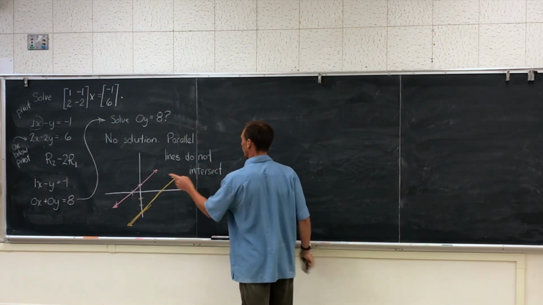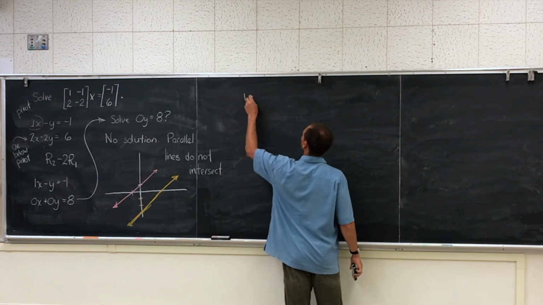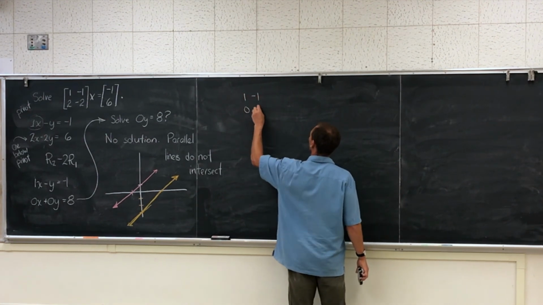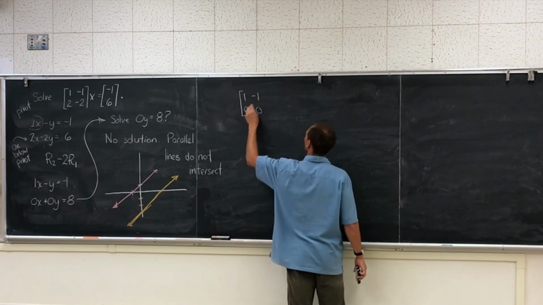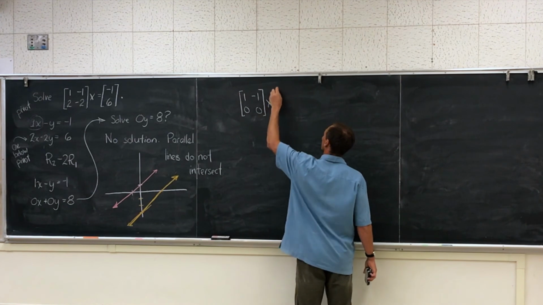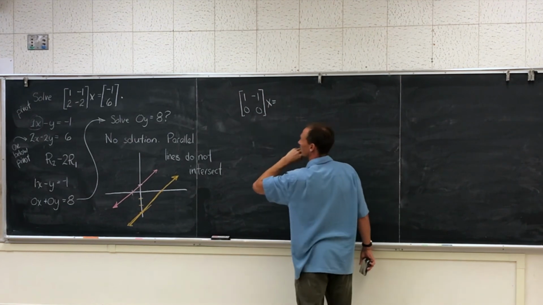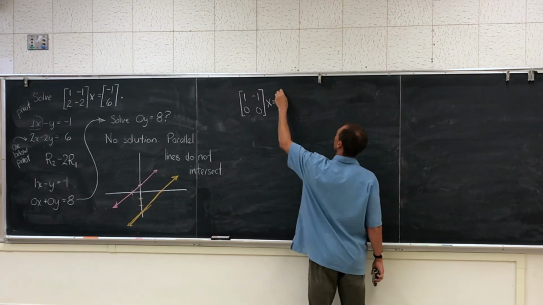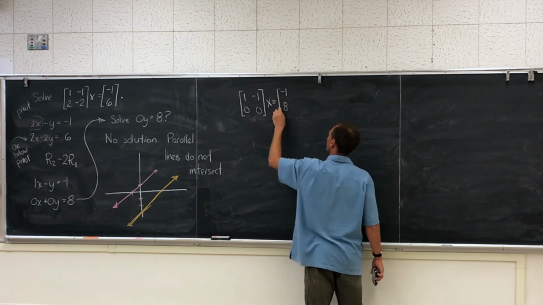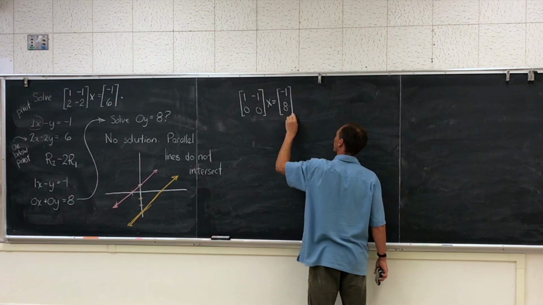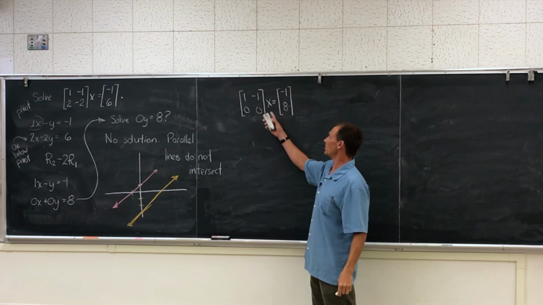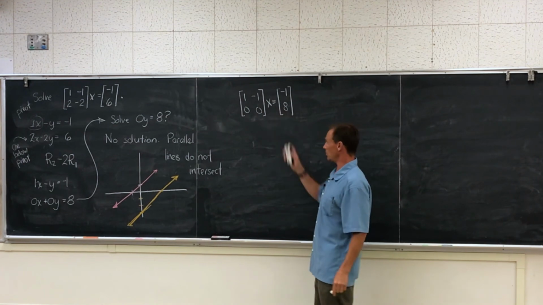So notice that matrix equation was [1, -1; 0, 0] times the vector of x is equal to, what did we end up with? [-1; 8]. So that's interesting. What this says is when you have a row of zeros equaling a number, no solution.